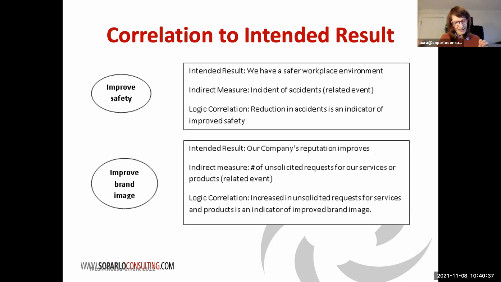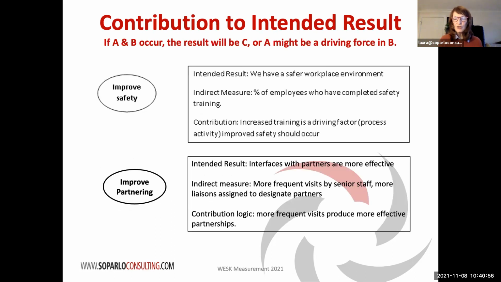So it's not direct, but we're going to make an assumption here because we can't get a direct measure unless we went out and used a company to assess brand image and did focus groups or something like that. Okay, so correlation. There's a correlation to our intended result, or it can be contributing.